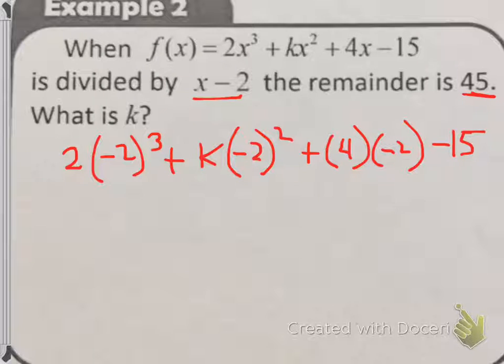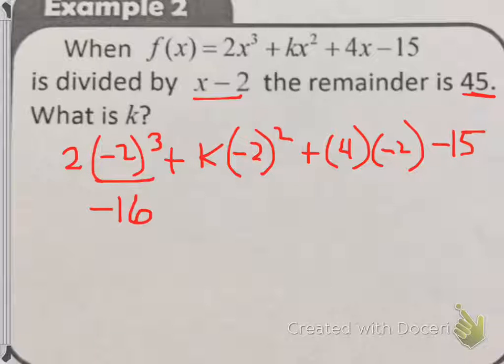And we're going to worry about the remainder part in just a minute, because we know if we substitute our numbers in right here, that's going to get us our remainder, and we know that our remainder is going to be equal to 45. So let's find what this is and set it equal to 45. Negative 2 cubed is a negative 8. Negative 8 times 2 is a negative 16.